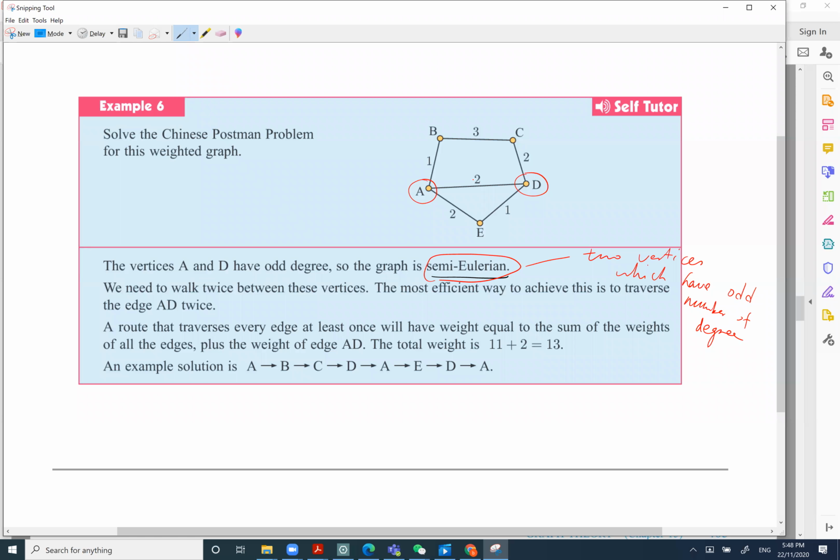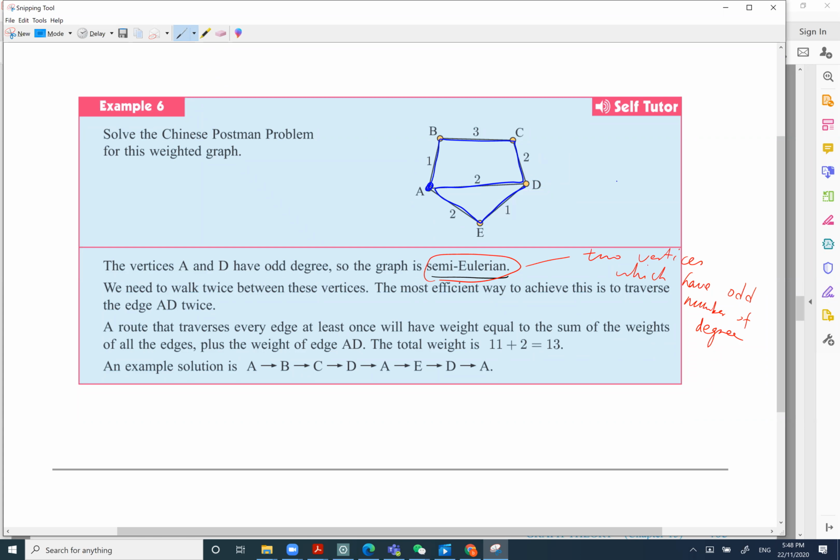A and D. That's why it's called semi-Eulerian. If you have odd, that means two odd vertices. That means you can travel from one, like here, you can pass all edges and go back to D like this.